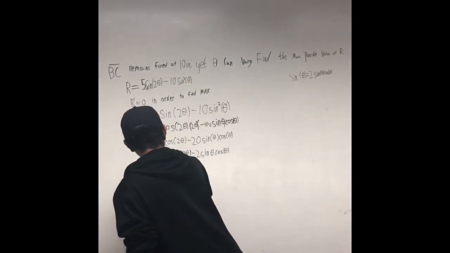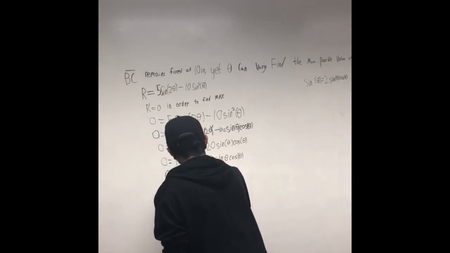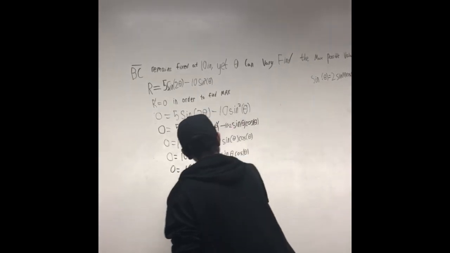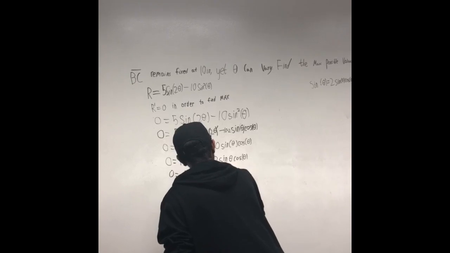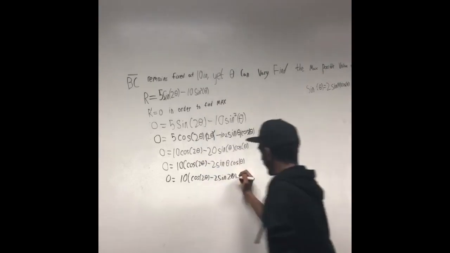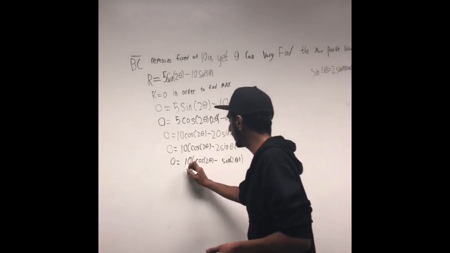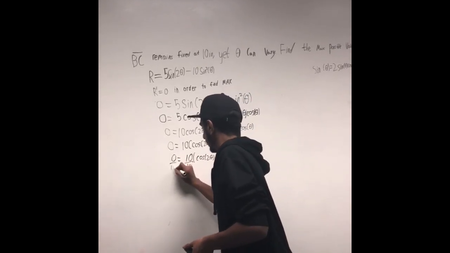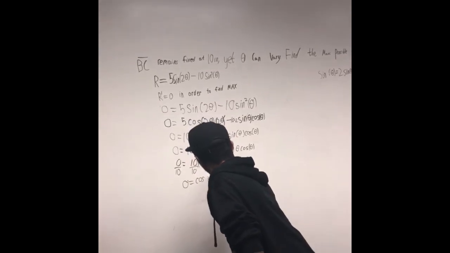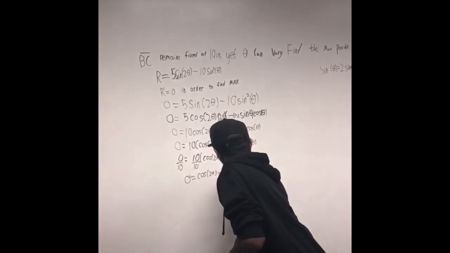So now we're just simplifying down further, so we can divide the 10 out to both sides. 0 equals 2 theta minus sine 2 theta.